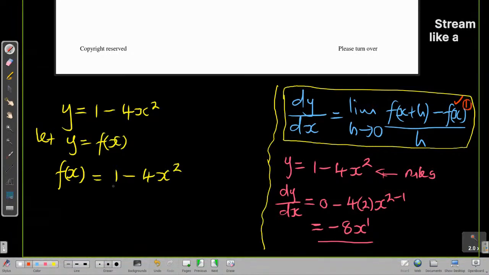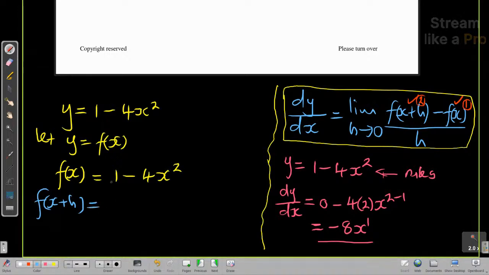Then the second part is for me to use the f of x plus h. That is my number 2 in this formula. So let me use a different pen. My f of x plus h is equal to 1 minus 4.